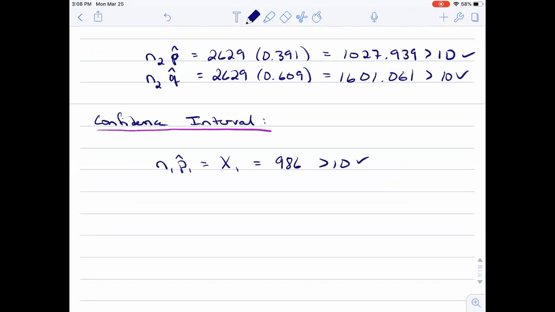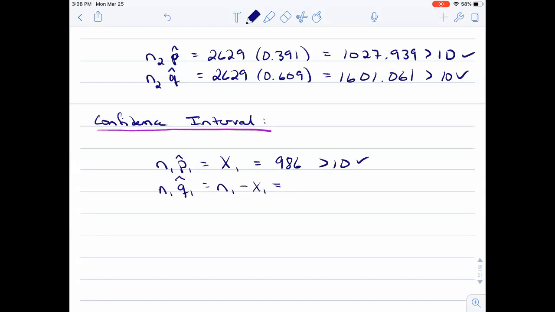See how it's a little easier? And n1 times q1 hat is just n1 minus x1. They're just different ways of writing the same thing, so depending on what information you have, pick the one that's easier.